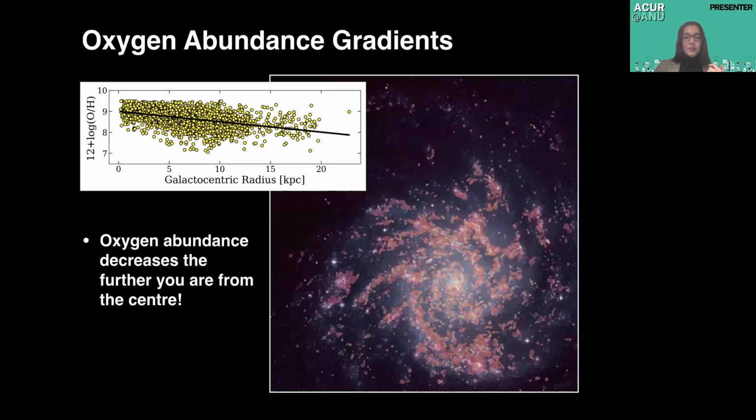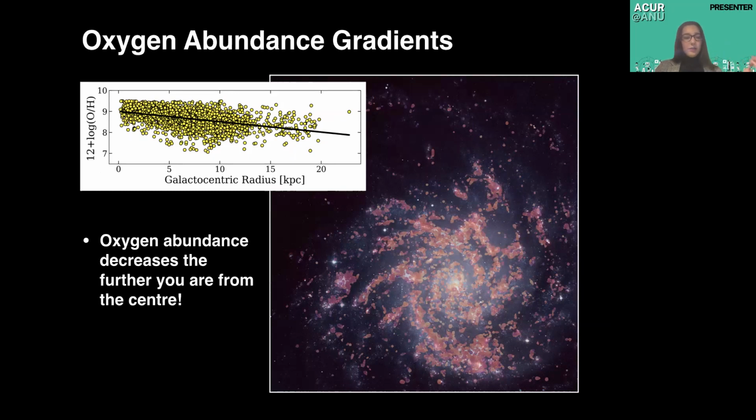Now back to the oxygen abundance gradient, the radial gradient. I've picked one method from the previous slide to explain in a bit more detail here, and overlaid the plot over an image of the galaxy, so you can see how the H2 regions line up with the image of the galaxy.